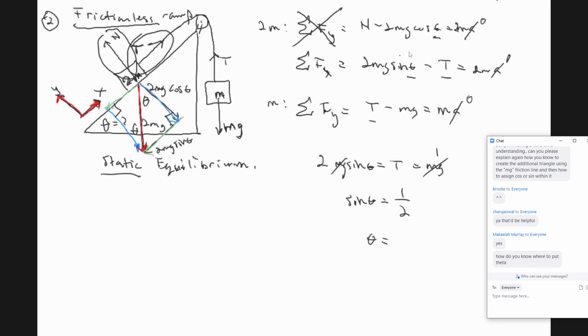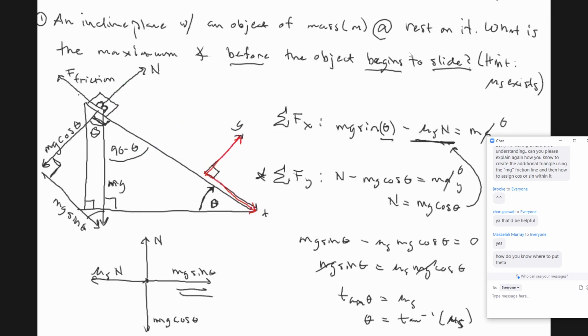Tiffany, was it Tiffany? I think Tiffany was the one that explained it last time. So if we go back to the last one, it's a lot easier to see. This was 90. This is 90 minus theta. We're good with that, right? This forms a right angle. This has to be theta.